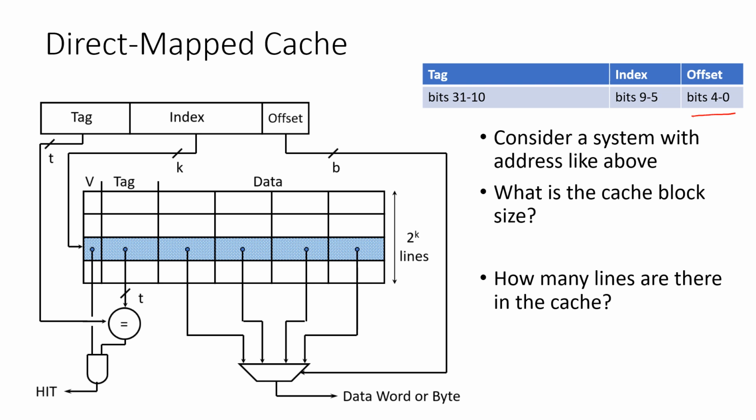Here we have 5 bits, so the cache block size is 2 to the power of 5 equals 32 bytes. Similarly, we have 5 bits for the index. So this determines the number of lines here. We have 2 to the power of 5 equals 32 lines.